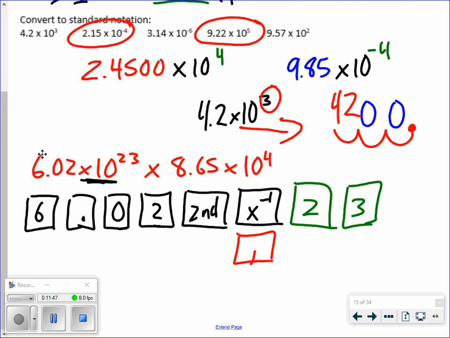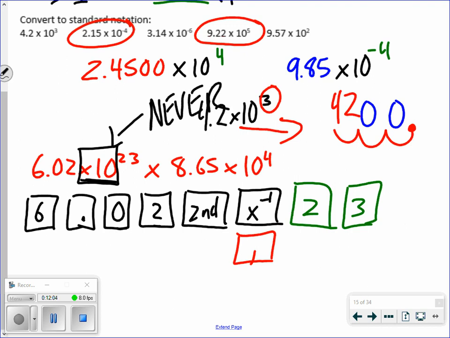You're not typing in the 10. You will never type in this part right here on any calculator. It should populate and look like this. If yours doesn't look like this, you did not hit the second button.